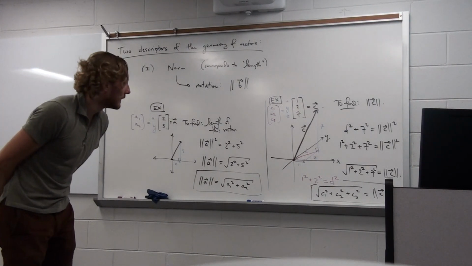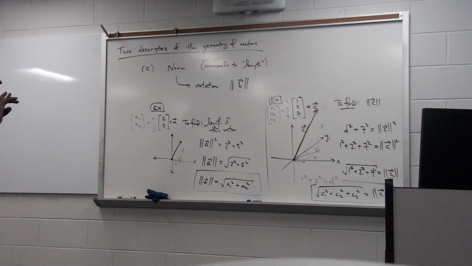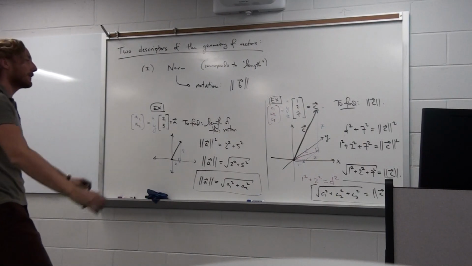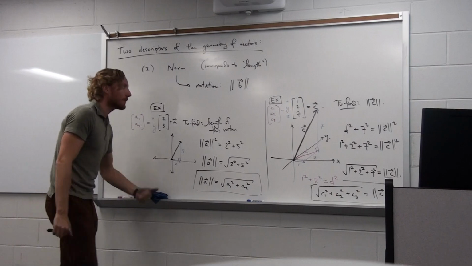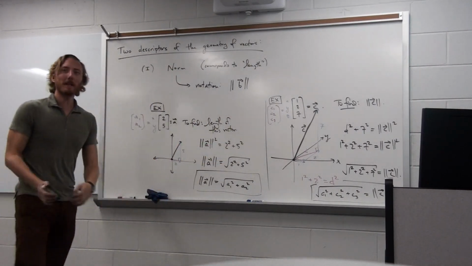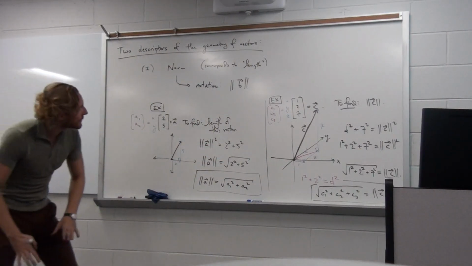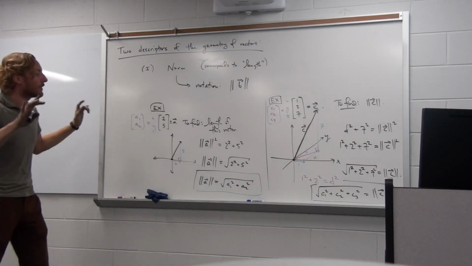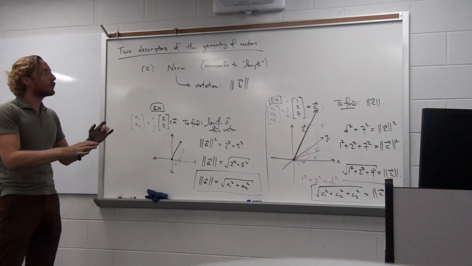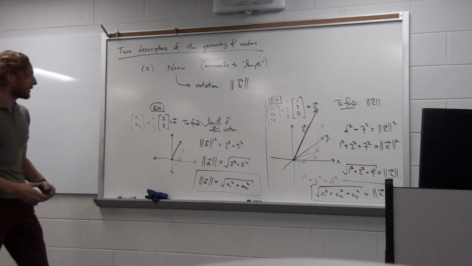Okay, so now we've got ways to describe very concretely what the length is of our vectors in 2 dimensions and our vectors in 3 dimensions. Now, to develop this notion of norm, we want to generalize our notion of length to dimensions possibly higher than 2.